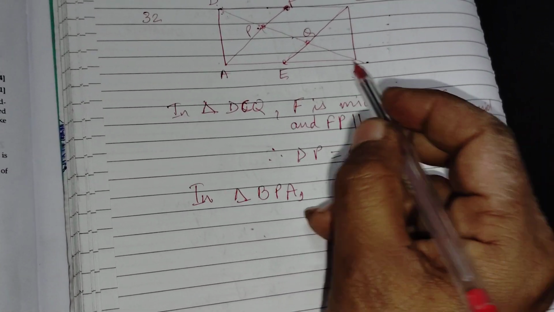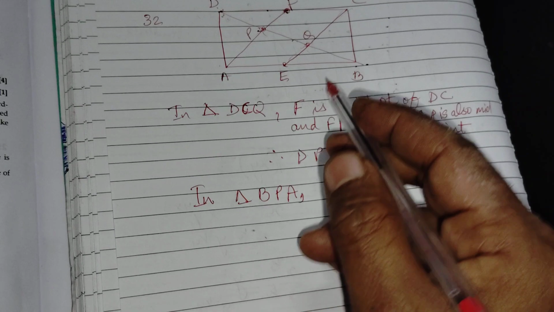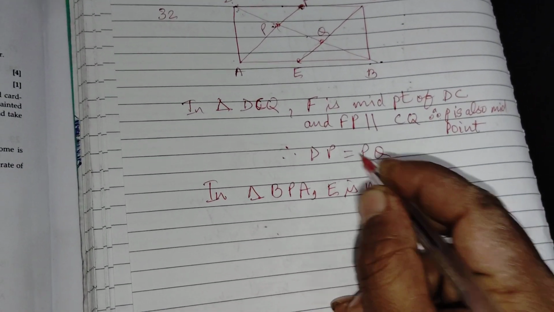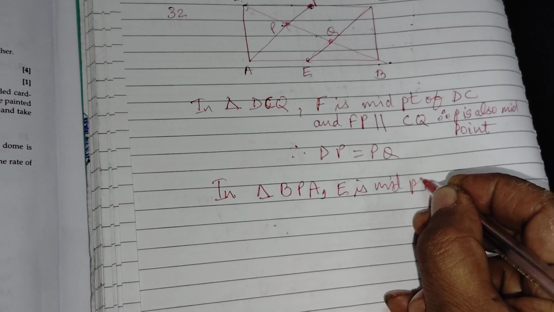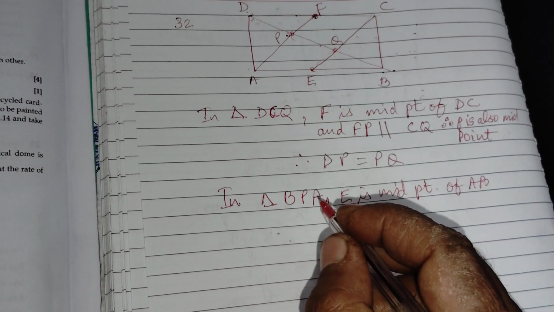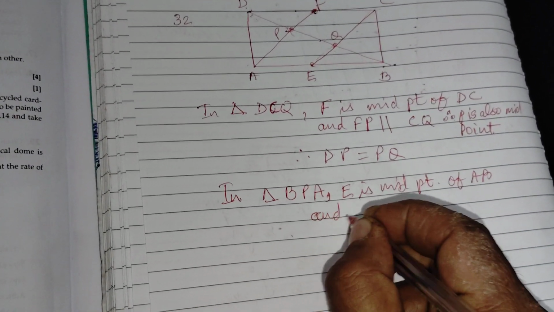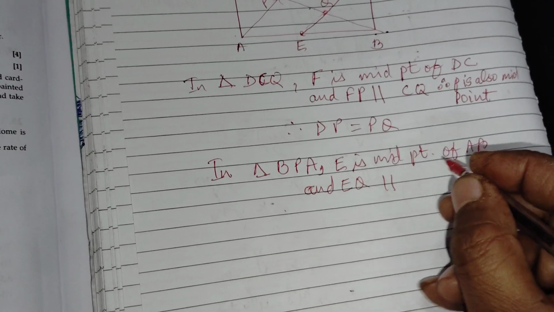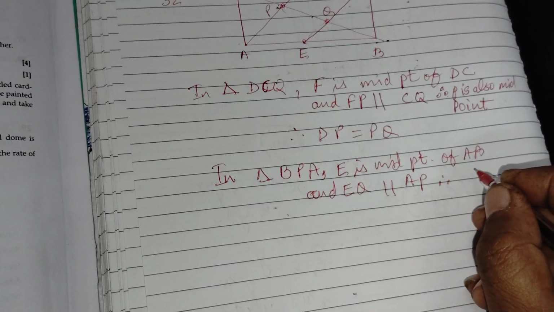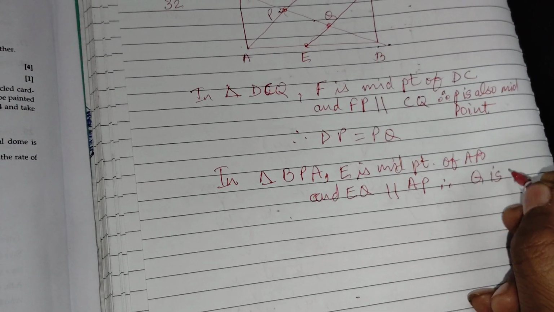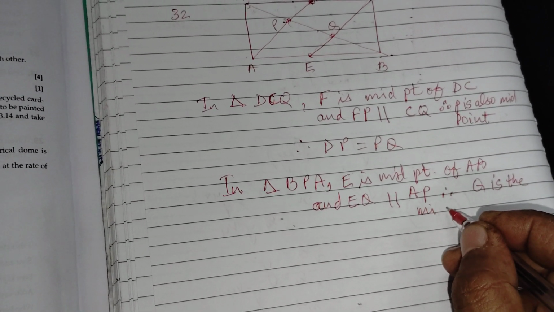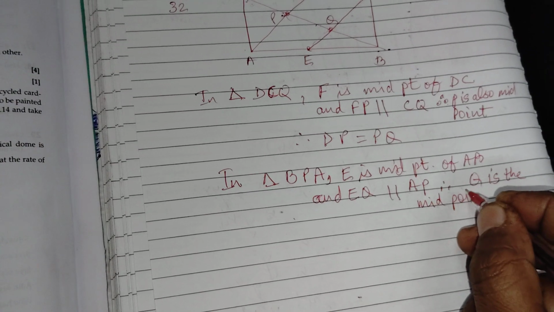Similarly, this time we are considering triangle BPA. We can say in triangle BPA, E is the midpoint of side AB, and EQ is parallel to AP. Therefore Q is the midpoint of BP due to the midpoint theorem.